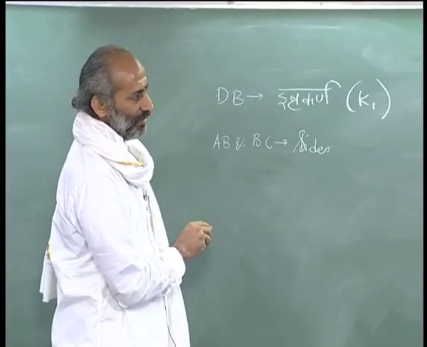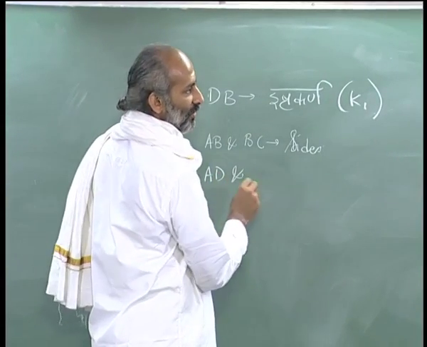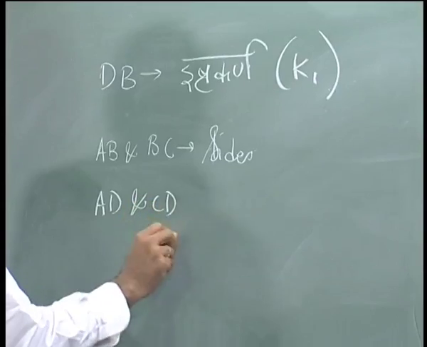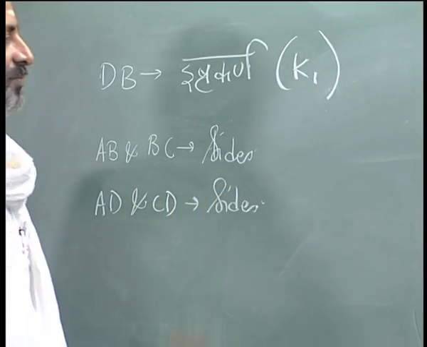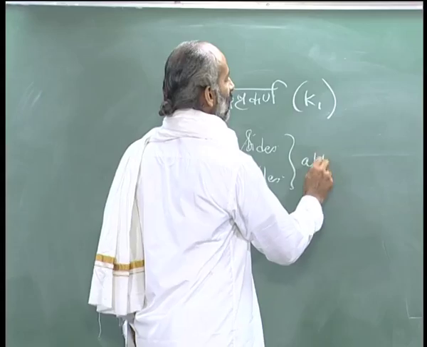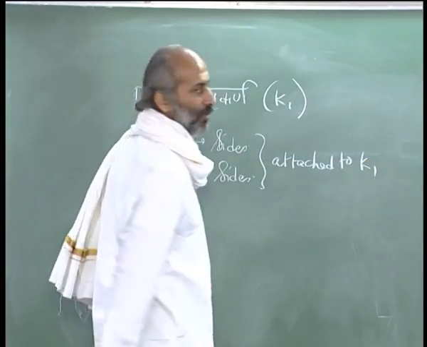The other two, AD and CD, are the other two sides attached to K1.